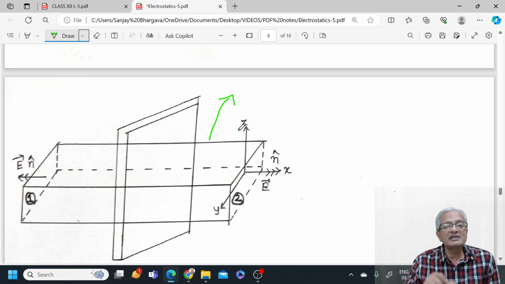When it comes to the XZ plane, the direction of the electric field is horizontal, but the normal is perpendicular. So once again, for both the planes, theta comes out to be 90. The only two planes that would be contributing to the field lines passing through them are plane number 1 and 2, which would be lying in the YZ direction.